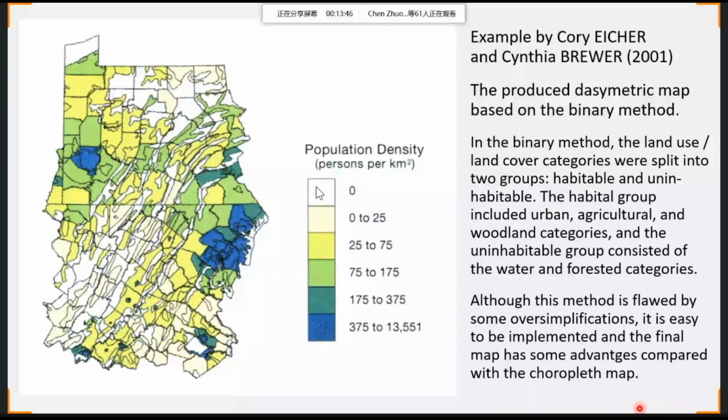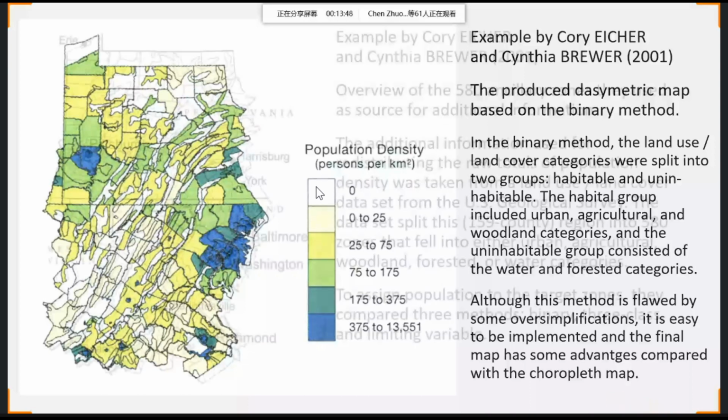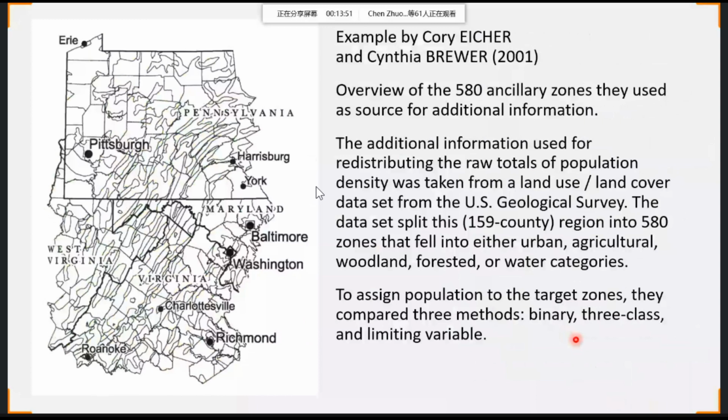And of course, I'm not talking here about these different methods. Binary is the most simple one. You can work with three classes, or you can try to define a limiting variable. Then you need more information about this variable, so it makes it more complicated.